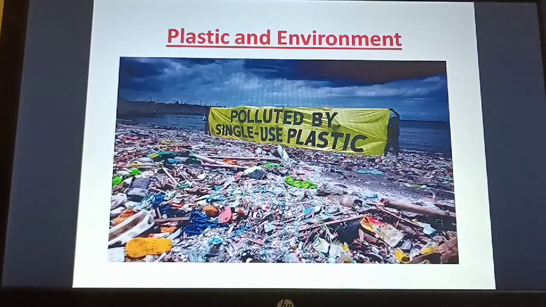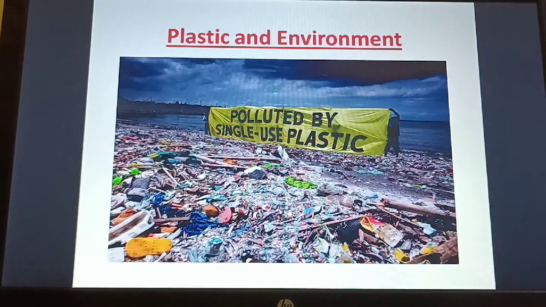Now, how does plastic cause pollution? If you take our own example, we use plastic, isn't it? And what happens after using? We just throw it away. Now, these plastics either go into the soil or they go into water bodies, maybe rivers, seas, oceans. They just flow.